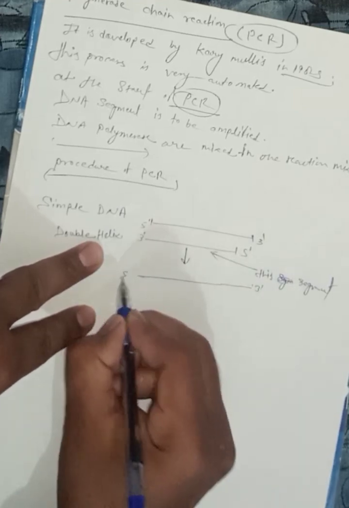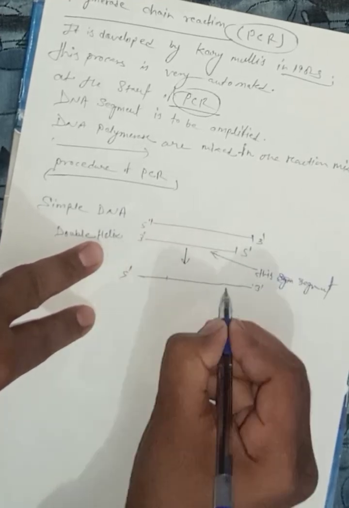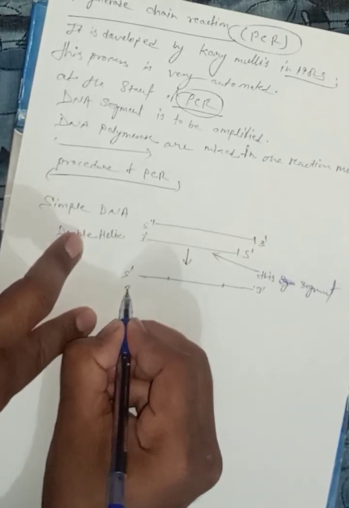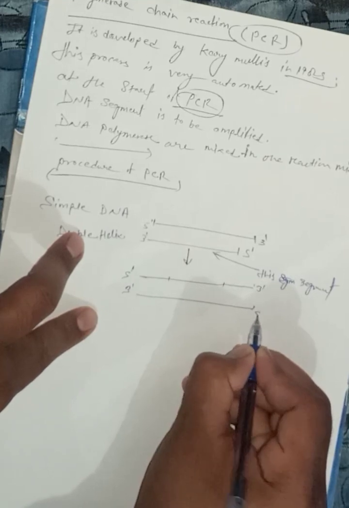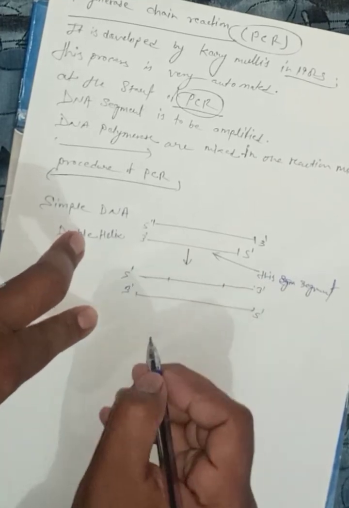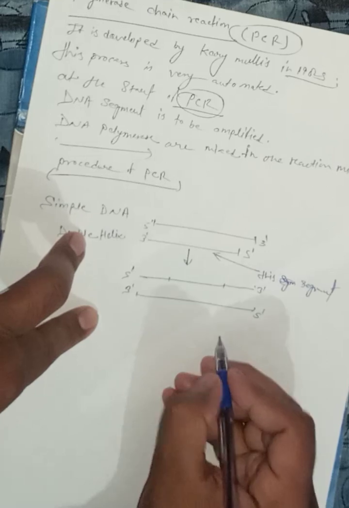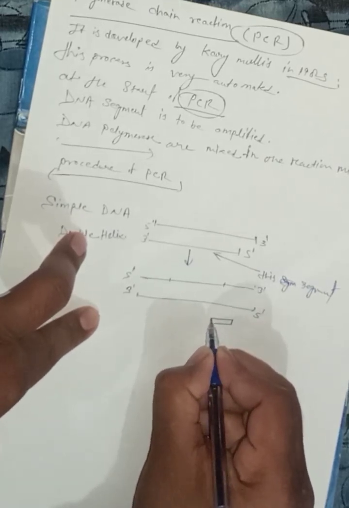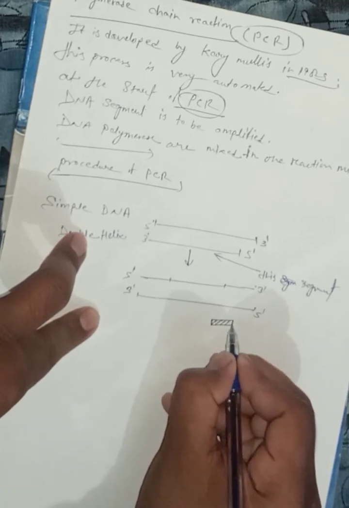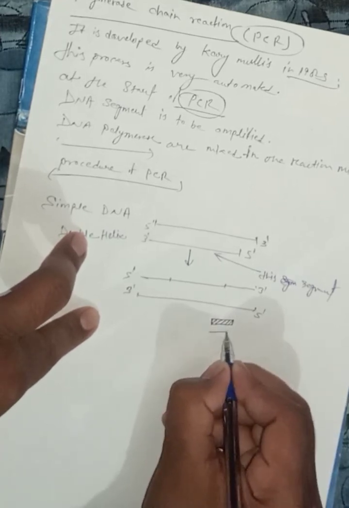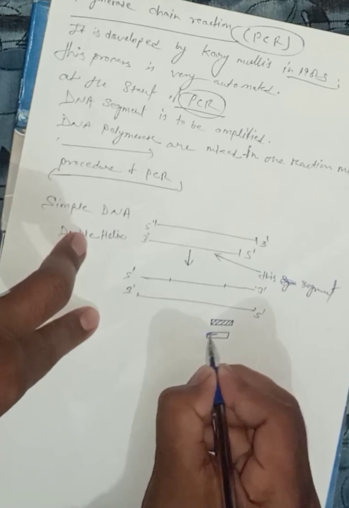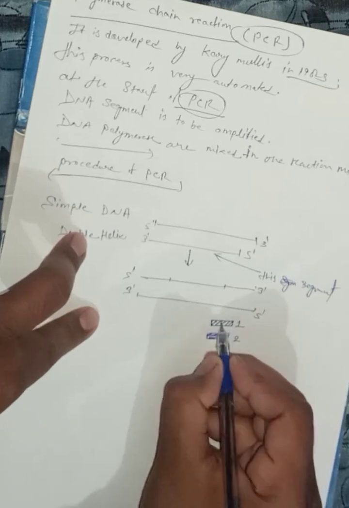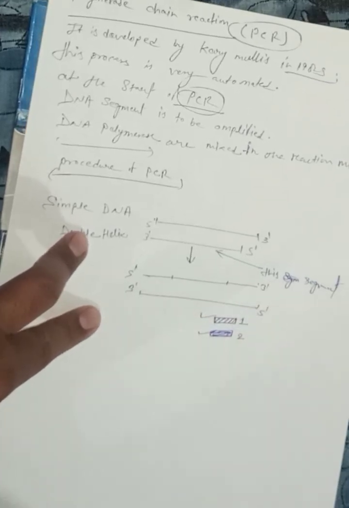This is 3 prime, 5 prime. And here we have primers. This is the first primer and this is the second primer.